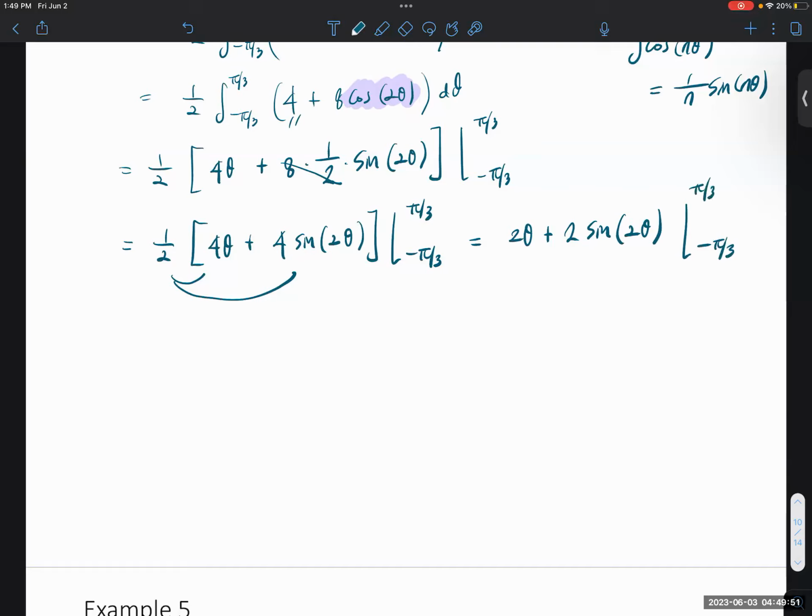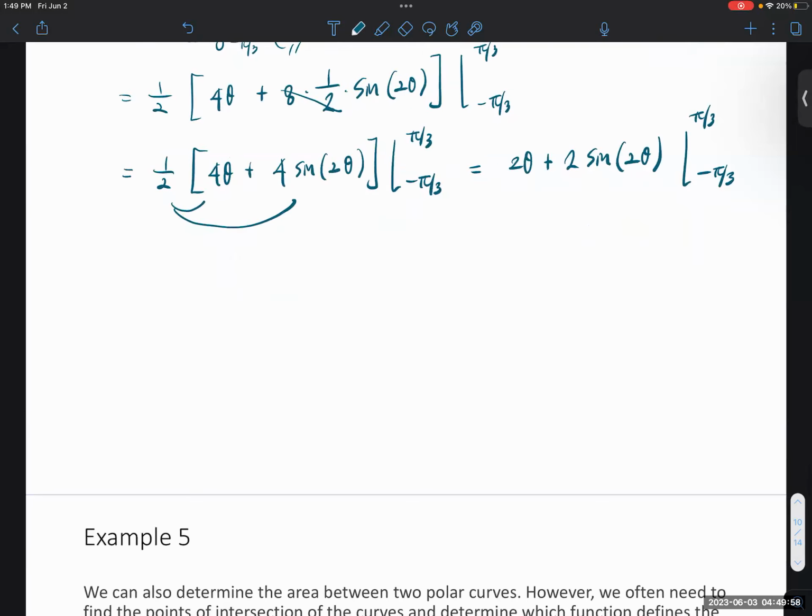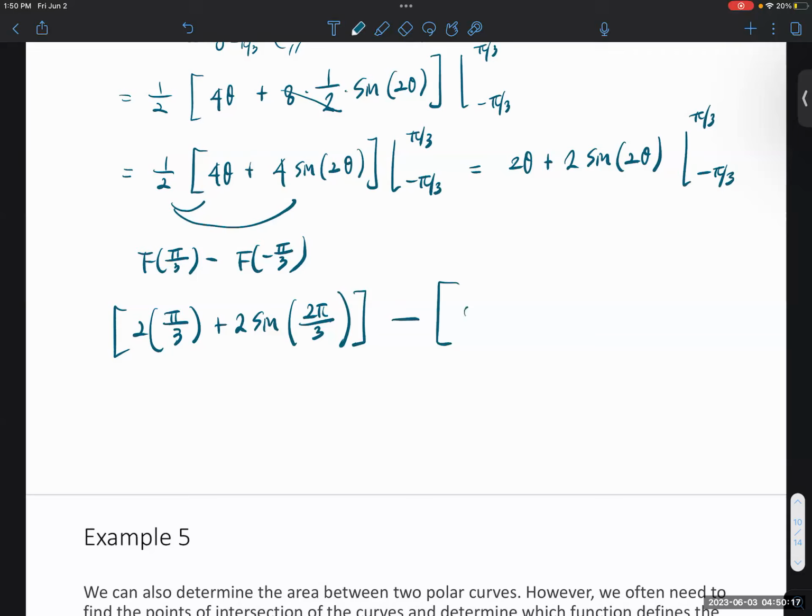Are we okay with that? Yeah, so we got this one. Now let's plug in pi over 3. So 2 times positive pi over 3 plus 2 sine 2 pi over 3, because 2 times pi over 3. This is minus the next one, 2 times negative pi over 3, plus 2 sine of negative 2 pi over 3.